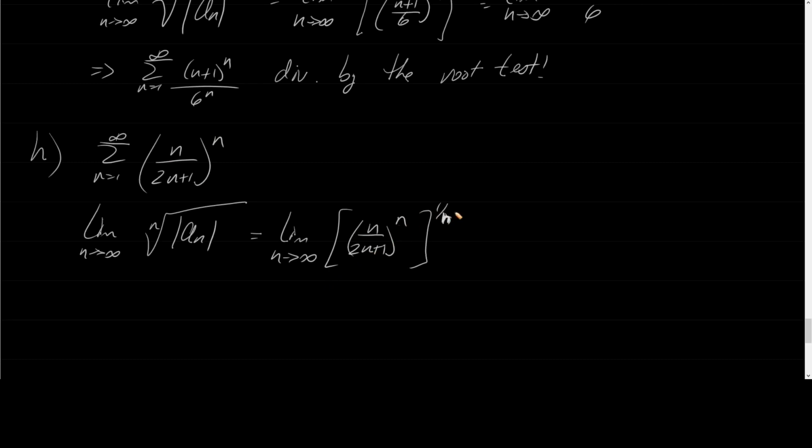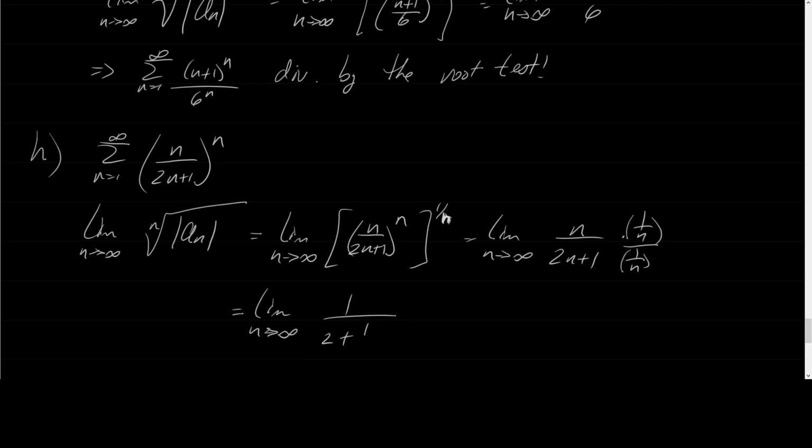At this point, these two cancel each other out. So we have the limit as n goes to infinity of n over 2n plus 1. If I multiply this by 1 over n over 1 over n, right, I'm multiplying by 1 here. What this gives me now is the limit as n goes to infinity of 1 over 2 plus 1 over n. And this piece now goes to 0.